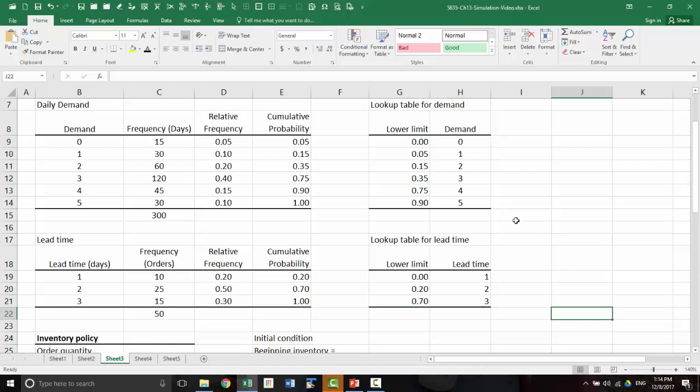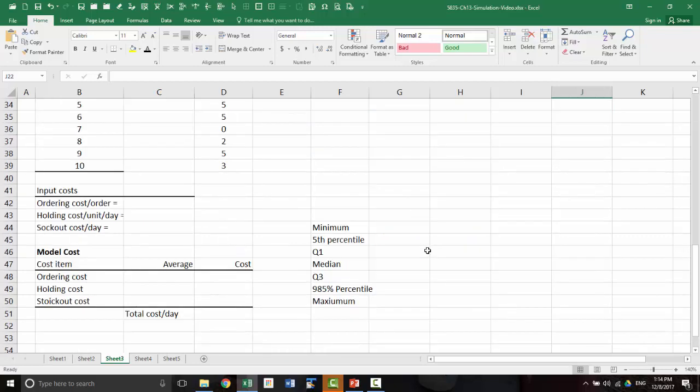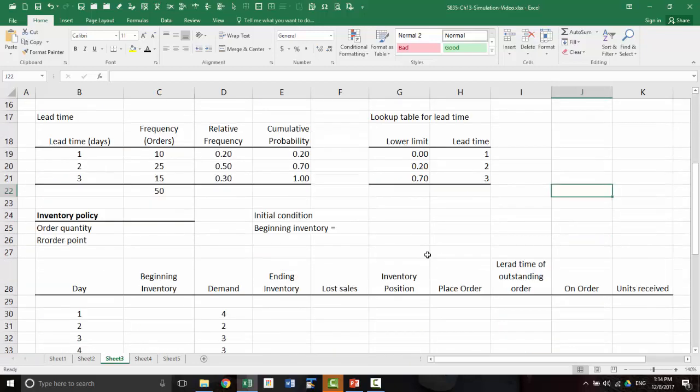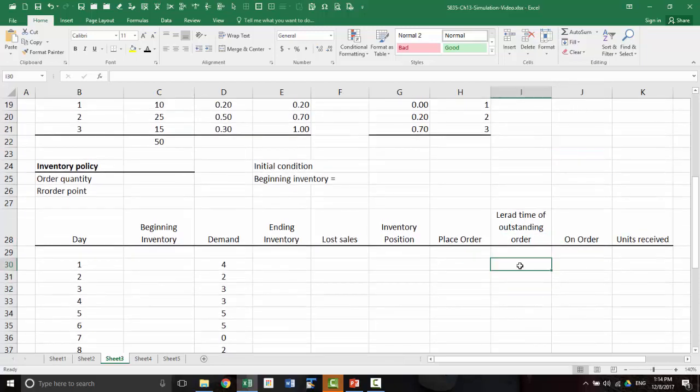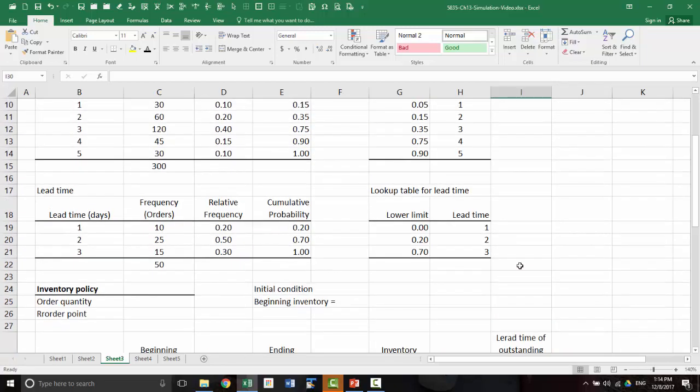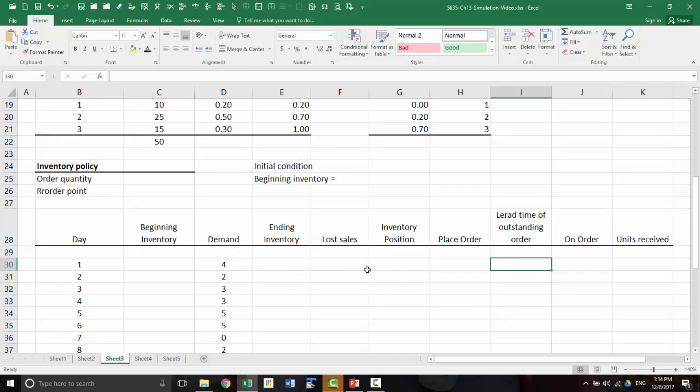So that's our lead time. But we can't simply use the VLOOKUP table in the lead time for outstanding order, because lead time is relevant only if we place an order. So we have to first figure out whether we need to place an order or not. For that we need to look at the inventories.